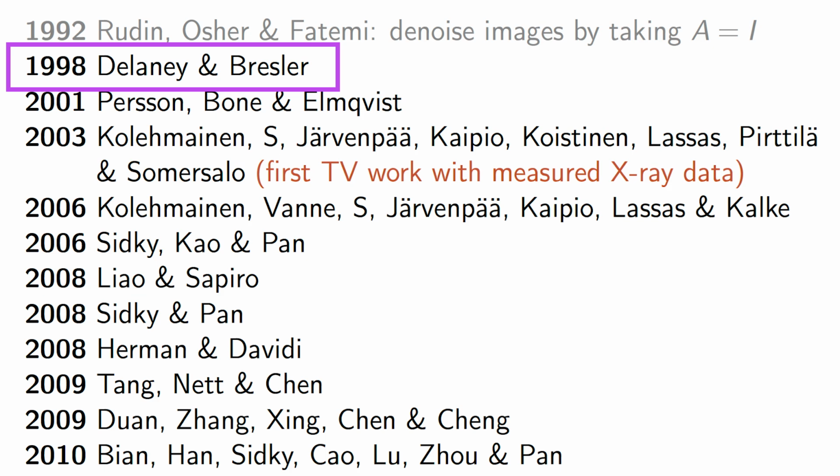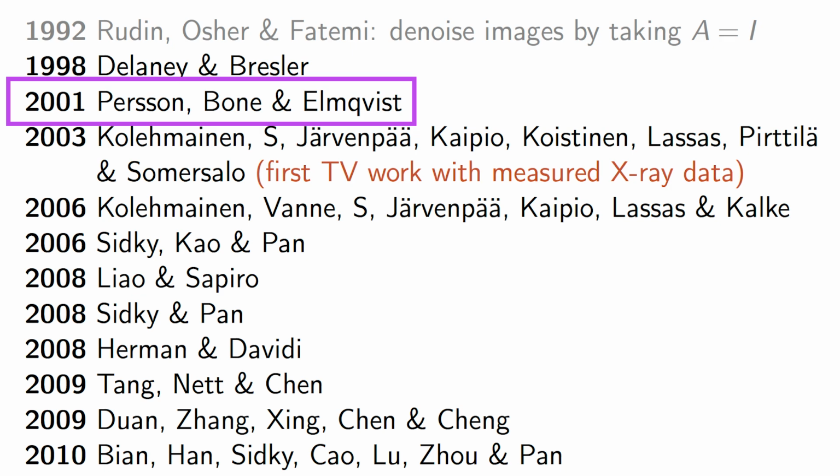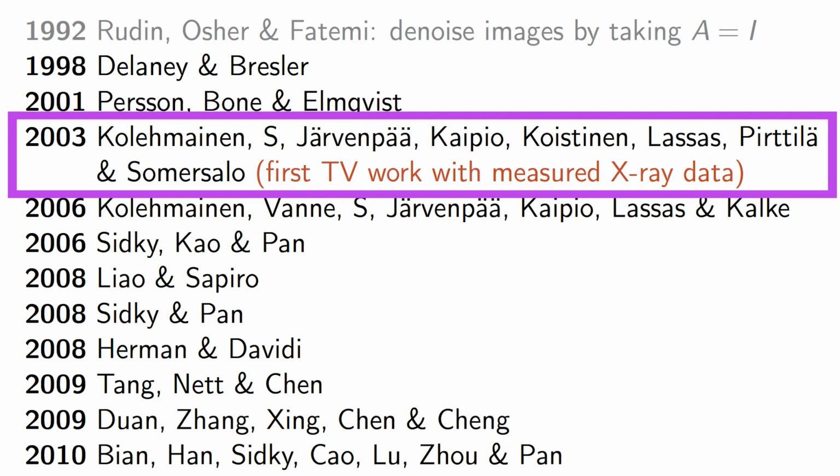The next ones were Persson, Boone and Almqvist in 2001. And actually the first time when TV was used for real measured X-ray data was done by my team in 2003. Since then, total variation regularization has become a basic method in iterative reconstruction in tomography.